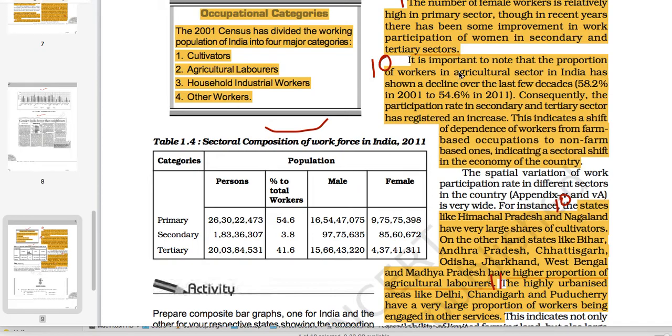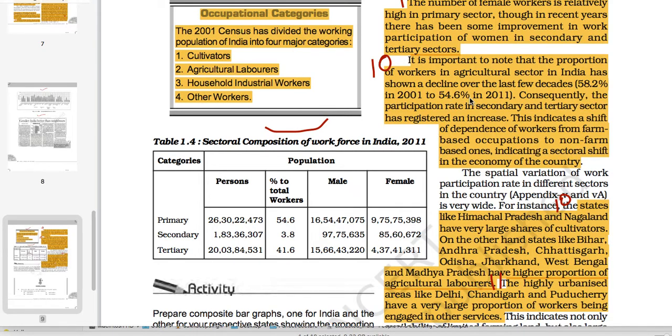10th is, it is important to note that the proportion of workers in the agriculture sector in India has shown decline. Means in the last few decades, the primary activities, agriculture sector workers, their proportion has declined. See this, in 2001 it is 58.2%, but in 2011 it is 54.6%.